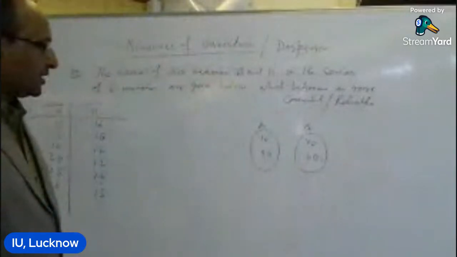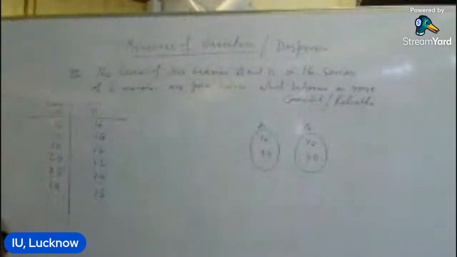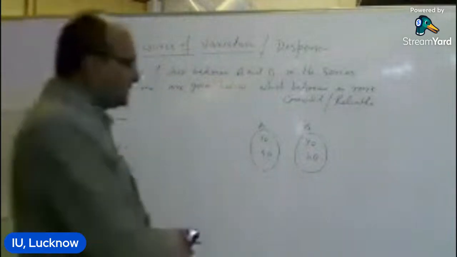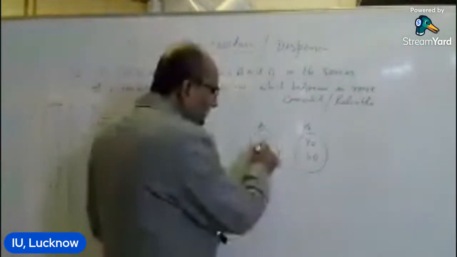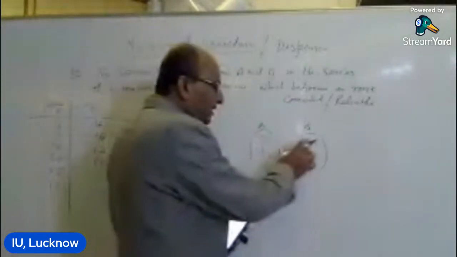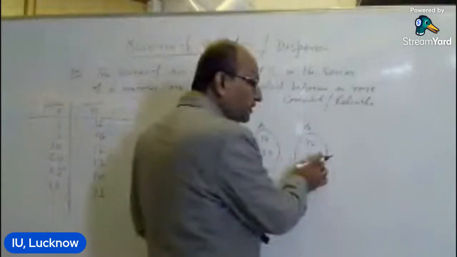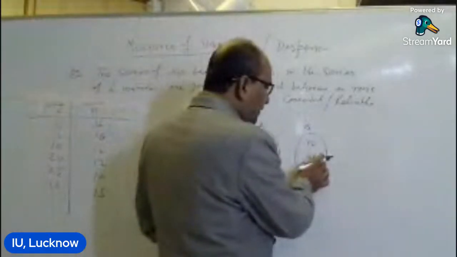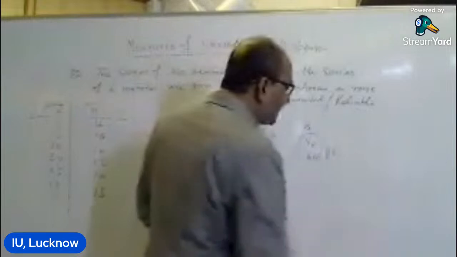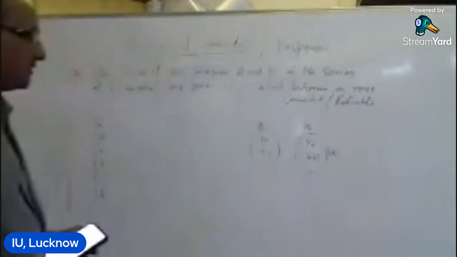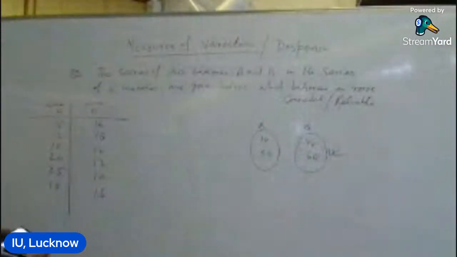But which batsman is more reliable? Here the variation from the mean value is maximum. Here the variation from the mean value is less, minimum. So obviously this will be more consistent. If variation is less, the data is consistent.